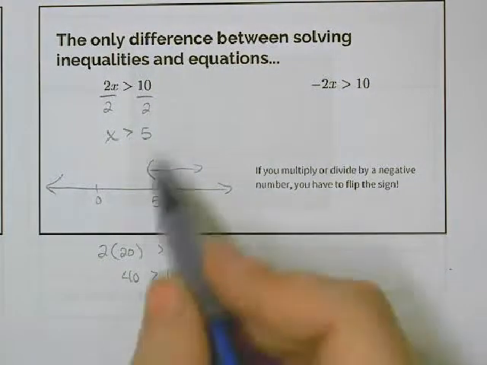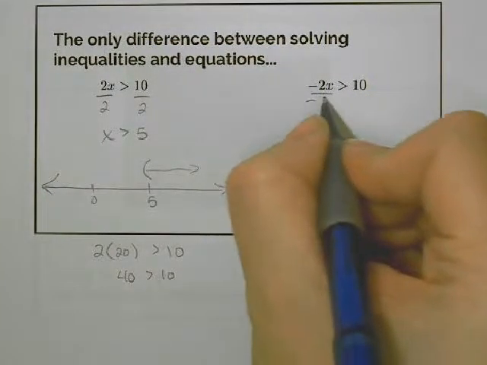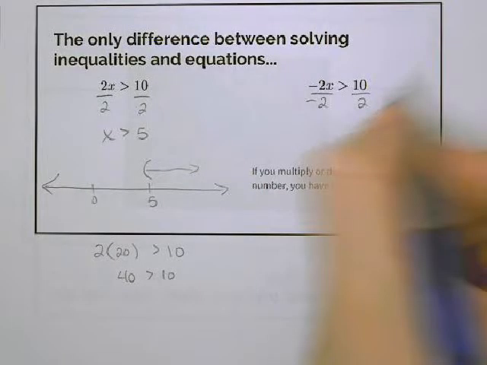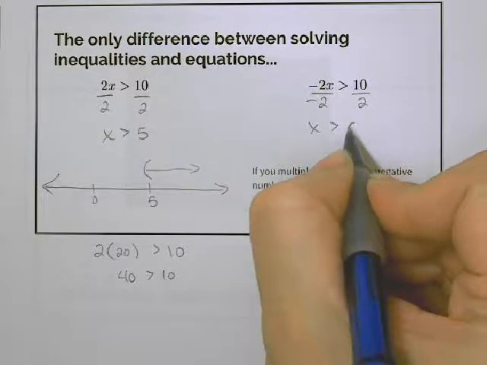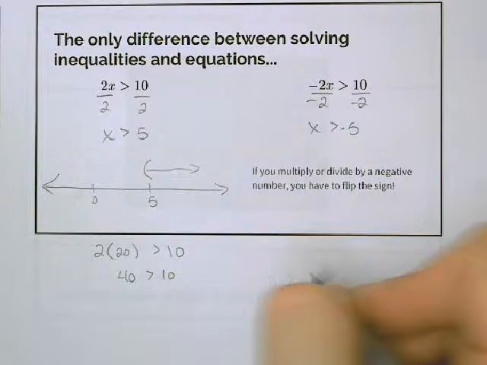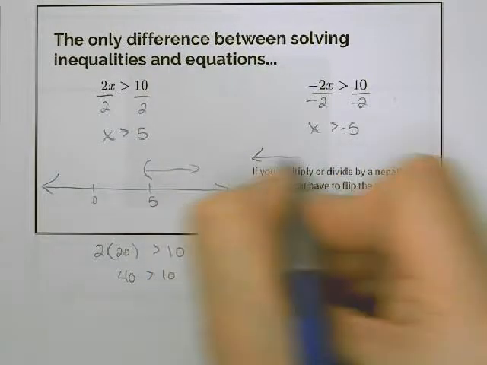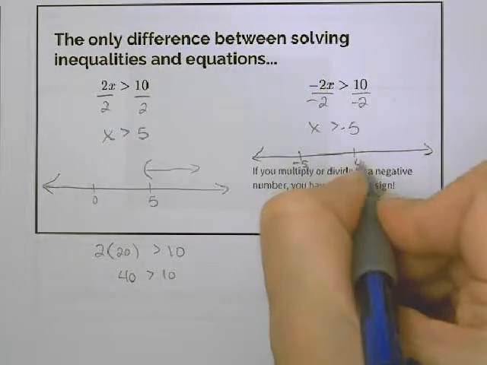Over here, if I divide by a negative 2, then I have x is greater than 5. Or sorry, negative 5. Now, if I look at a number line there, I have negative 5 and I have 0, and x can be anything greater than negative 5.